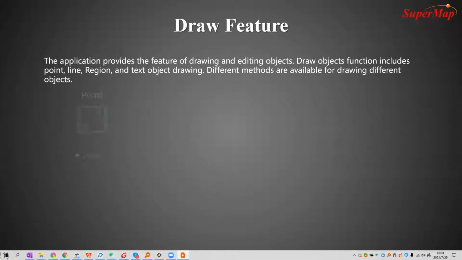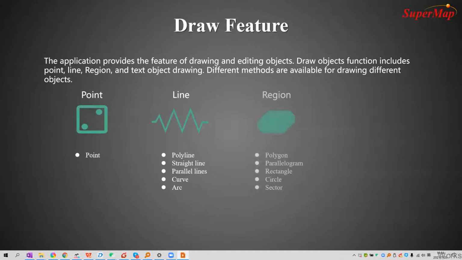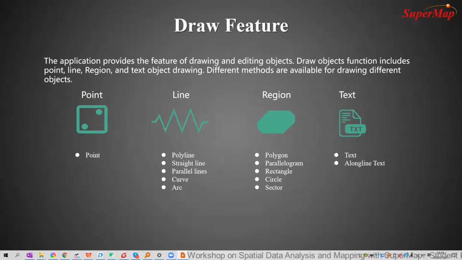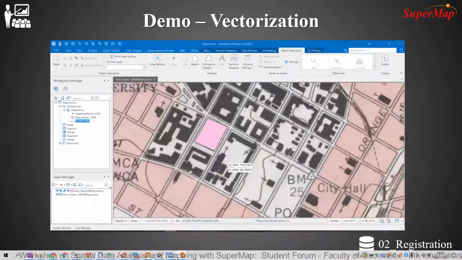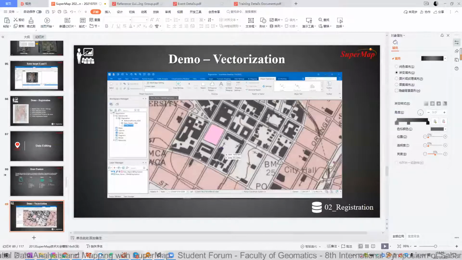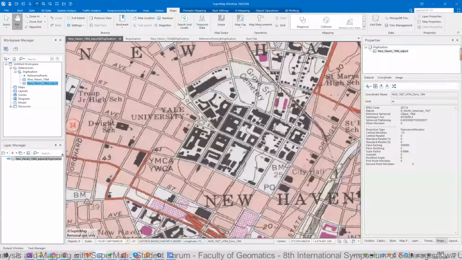First, we can draw features. The application provides the feature of drawing and editing objects. The draw objects function includes point, line, region, and text object drawing. Different methods are available for drawing different objects. I will also use iDesktop to show you.